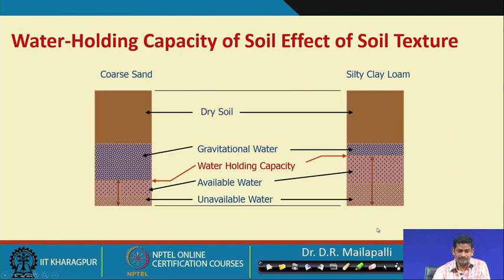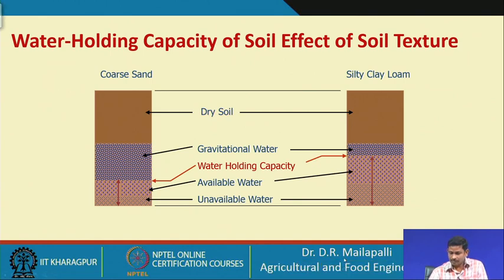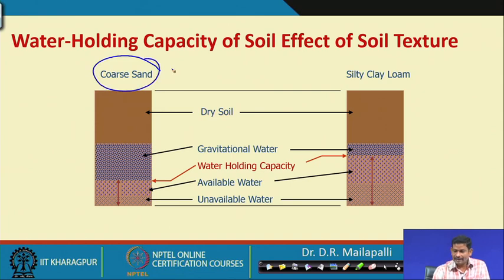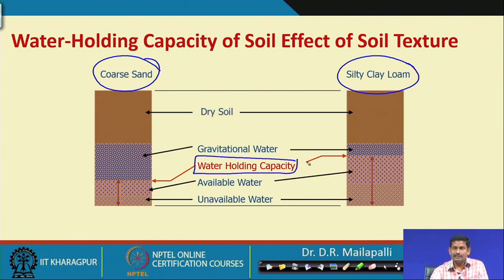So, the next is if you compare coarse sand and a silty clay loam. One is coarse texture, the other is fine textured soil, and see how the water holding capacity varies between these fine texture and coarse texture soils.